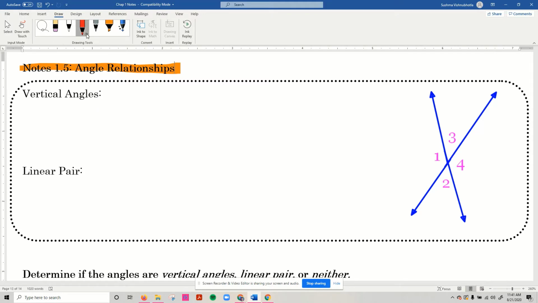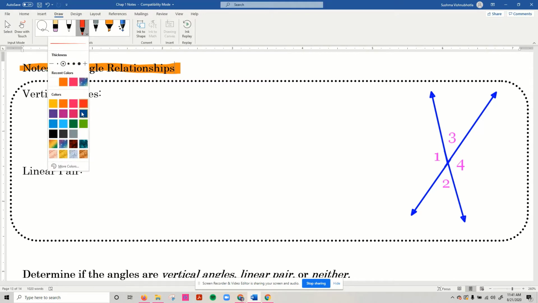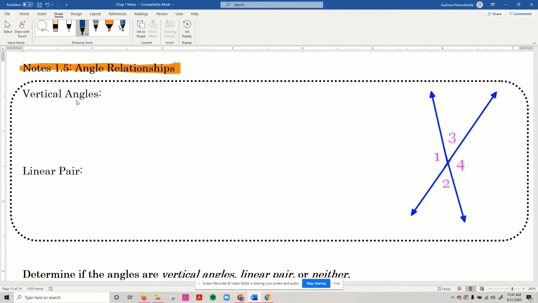And vertical angles are angles that are across, or you'll see the word opposite, from each other.